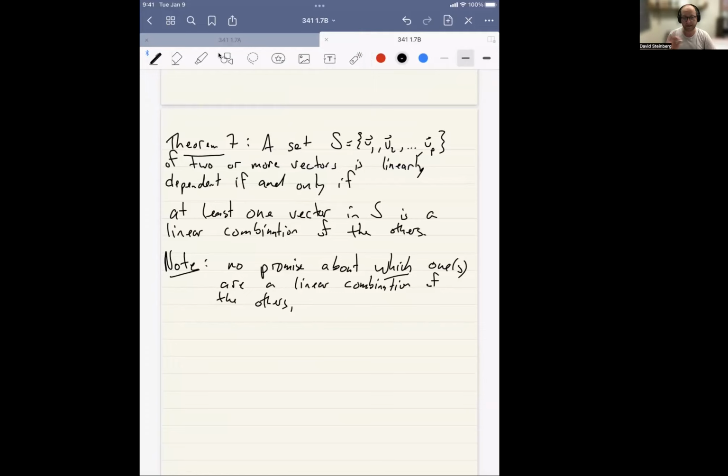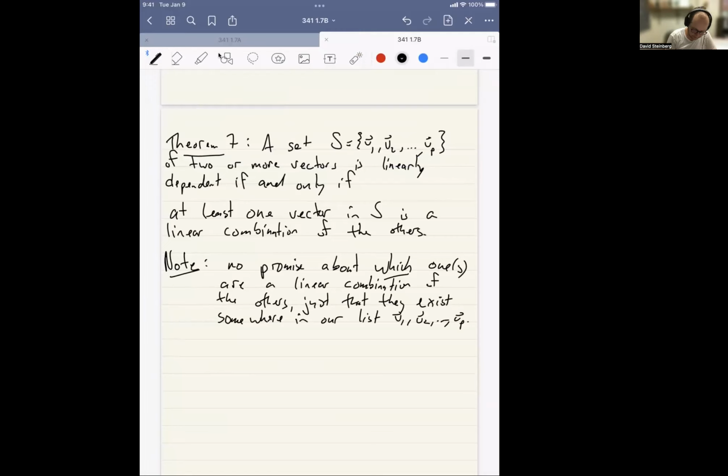Just that at least one has to be. Just that they exist somewhere in our list, v1, v2, up to vp. So we can't say which ones they are, but they have to exist.